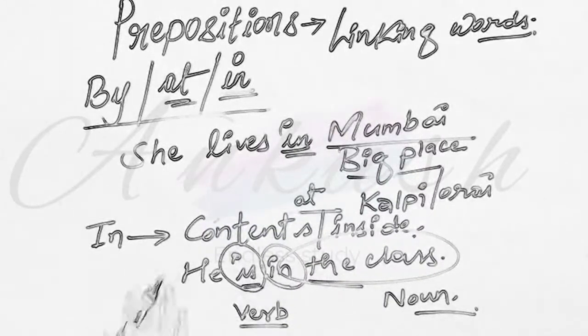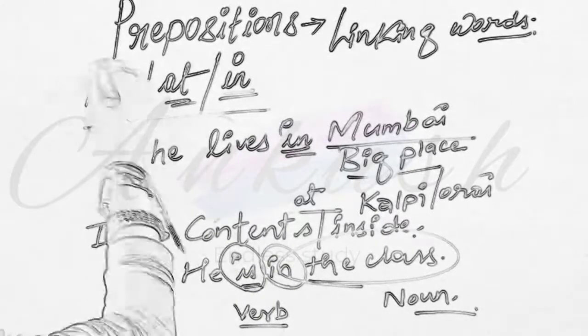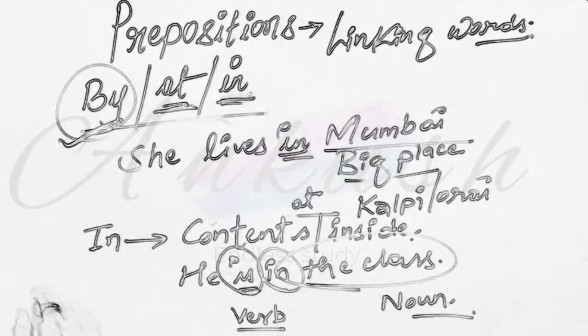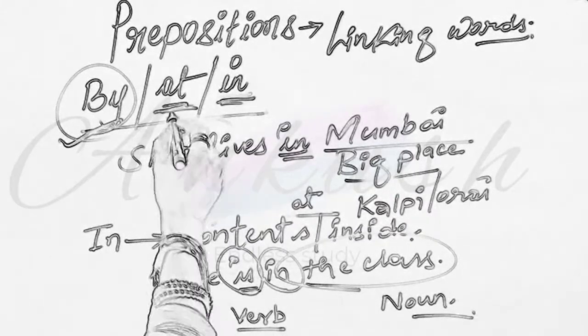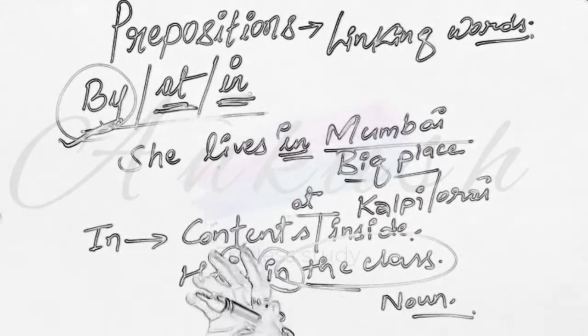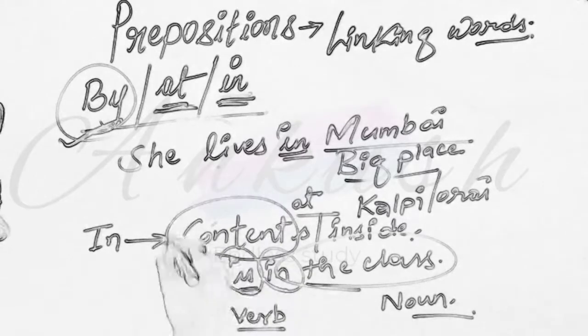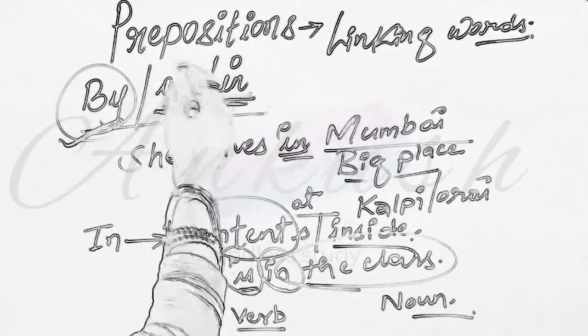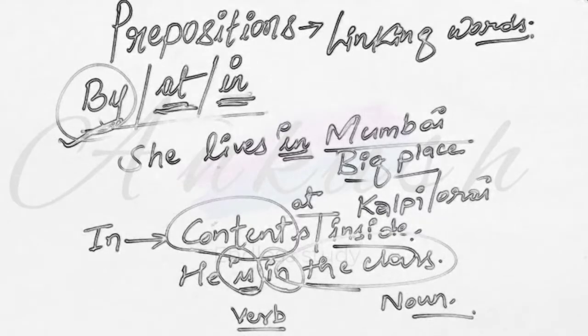So in the following sentences we talked about the use of by, at and in. By is used for many purposes in many sentences and with different meanings. In is used to denote what the contents are, what is inside, like he is in the class, he is in the room, I am in the meeting, meaning somewhere you are busy. And at is used to denote exact time, place, or a particular moment or position.